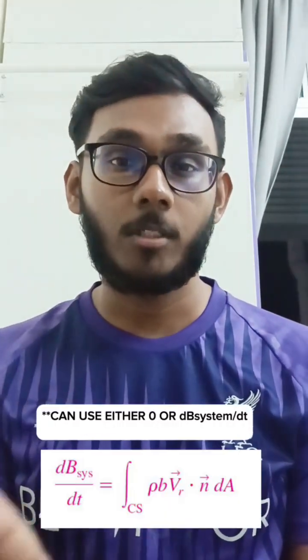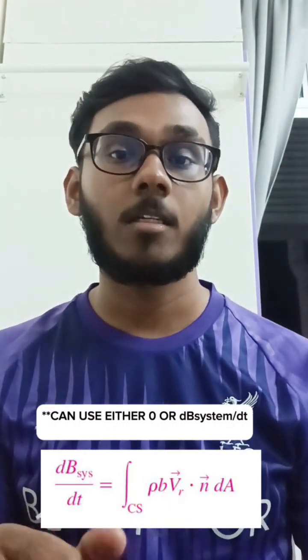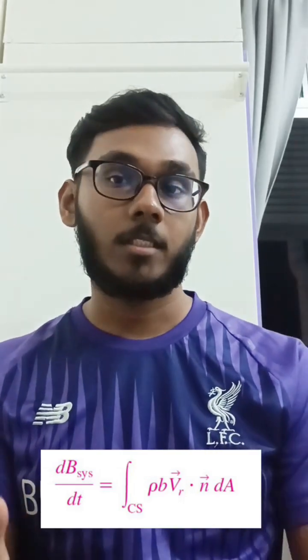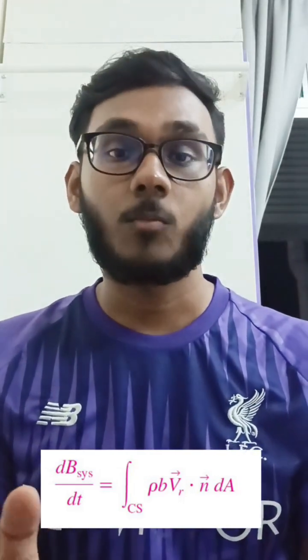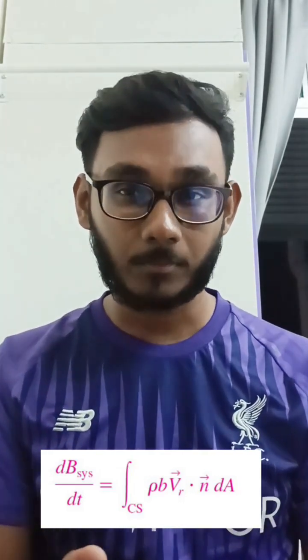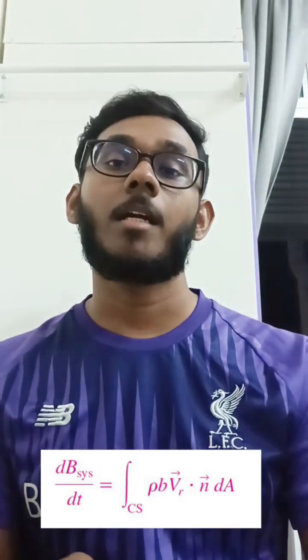Then we have the RTT for steady flow. When a steady flow happens, the properties of the fluid like velocity, density or pressure do not change with time at any point in the control volume. This simplifies the RTT because the time-dependent term becomes 0. So the equation is written as 0 equals integration CS rho, which is density, beta V, with V the velocity, times n dA, and A is the cross-sectional area.